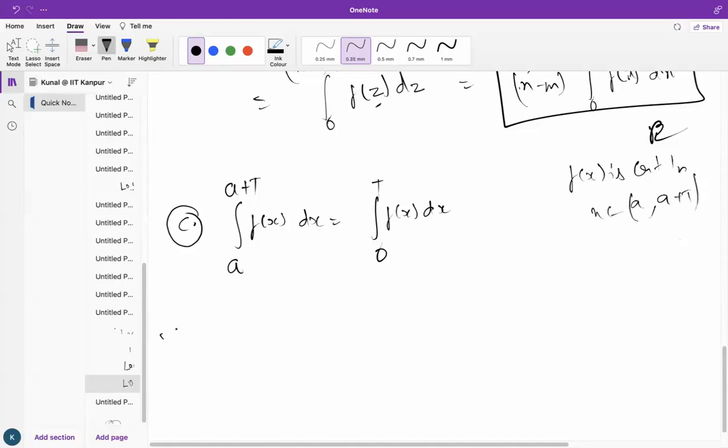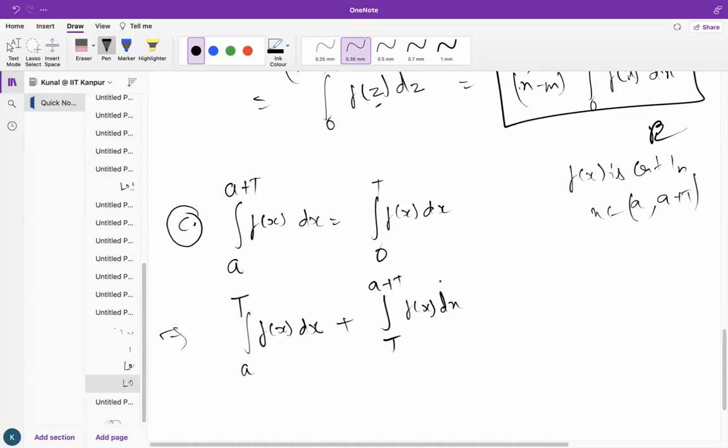I'm going to use a simple property here: integrating from a to t, f of x dx, plus integrating from t to a plus t, f of x dx, right?